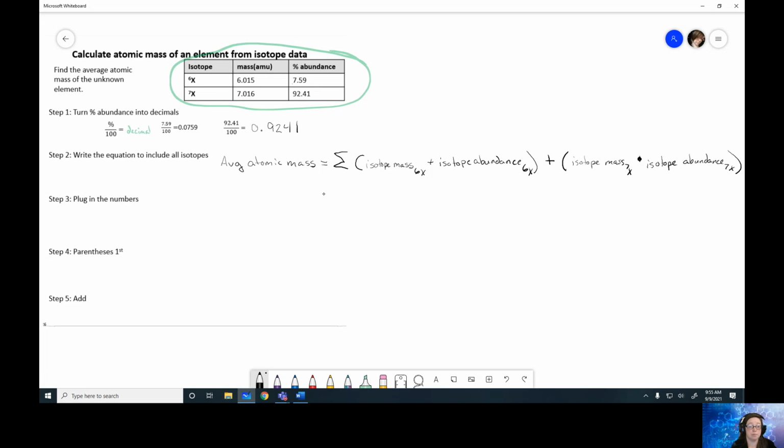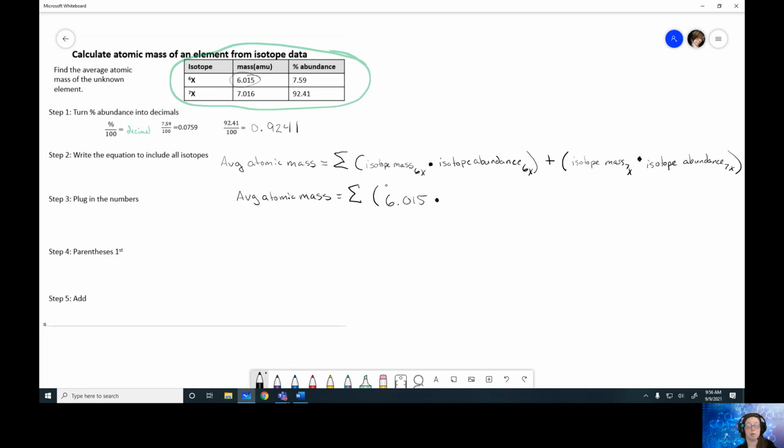So we're going to keep this as average atomic mass equals sum of, and now for isotope mass X, we're going to pull from right here. So that's going to be 6.015. And this should be a multiplier right here. That should be multiplied.